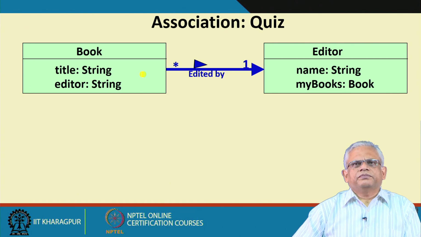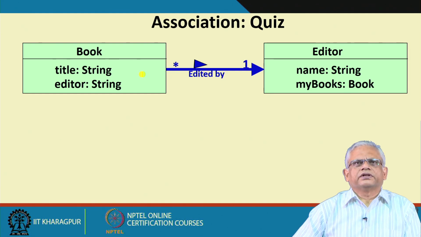Now the quiz is, given this situation, please identify, are there any notational problems in this UML class diagram?